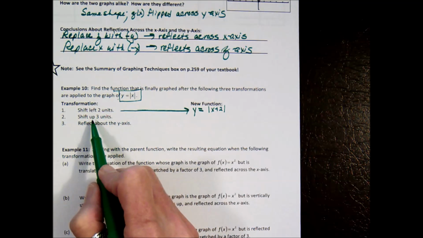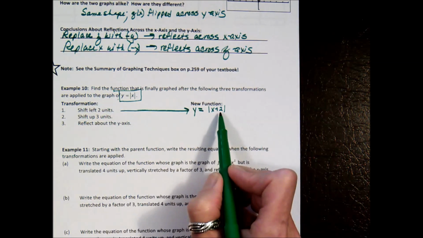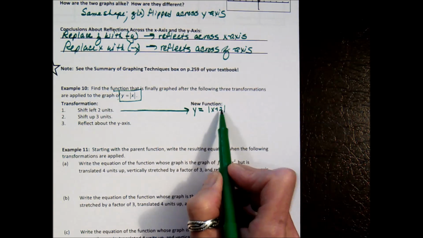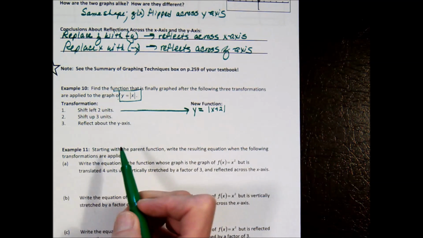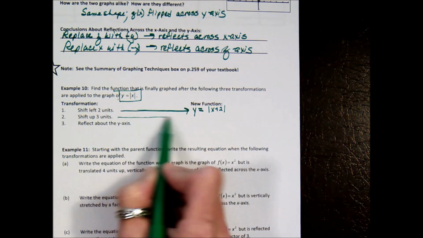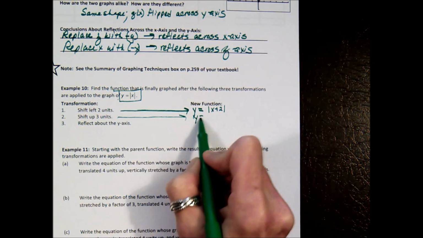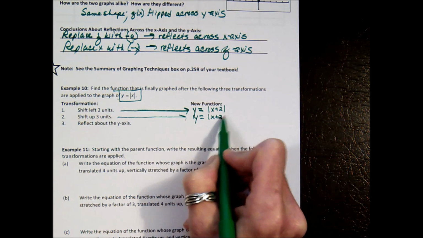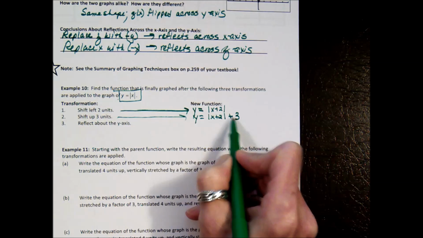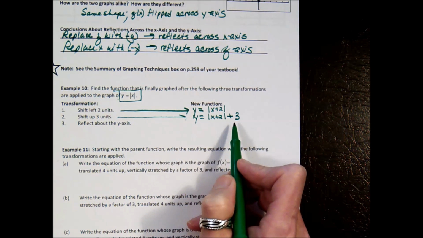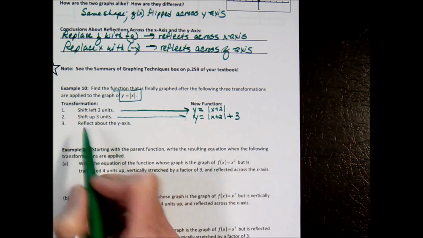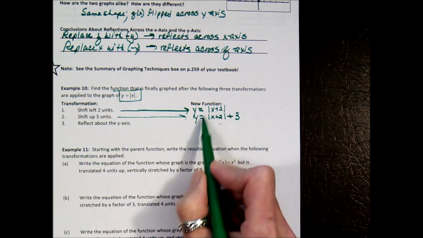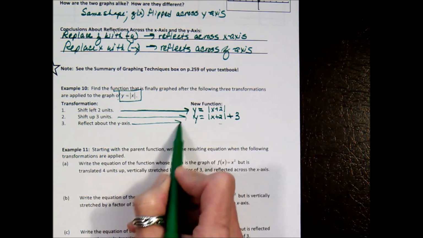All right, now we want to take this function, same one, and we want to shift it up 3 units. Okay, so up is a vertical shift, and that happens on the end of the function. So I add a 3 to the end of the function. Now I want to take this function and reflect it across the y-axis.